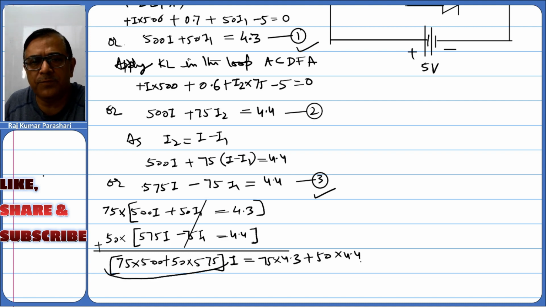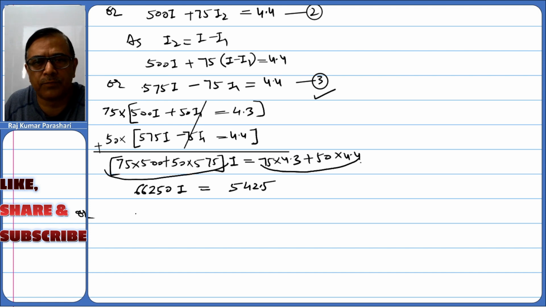This adds up to 66250I, and this adds up to 542.5, or I equals 542.5 divided by 66250 amperes. This is approximately equal to 8.189 milliampere.